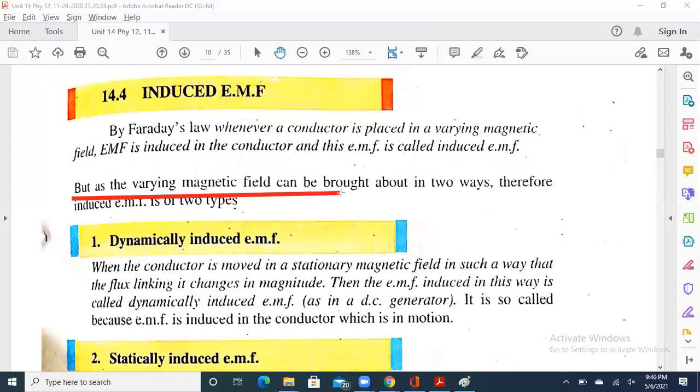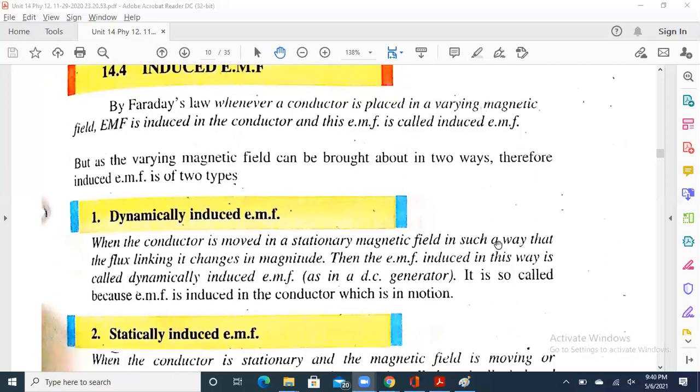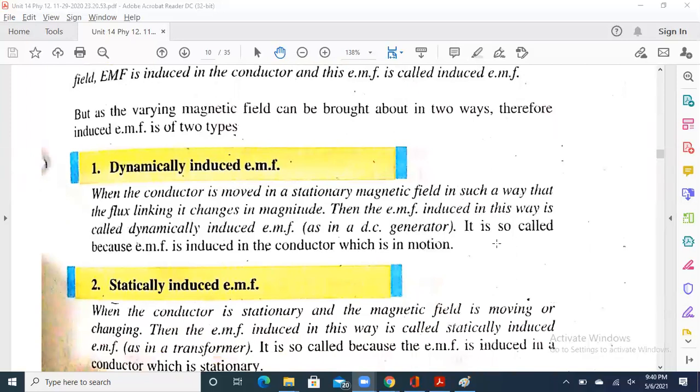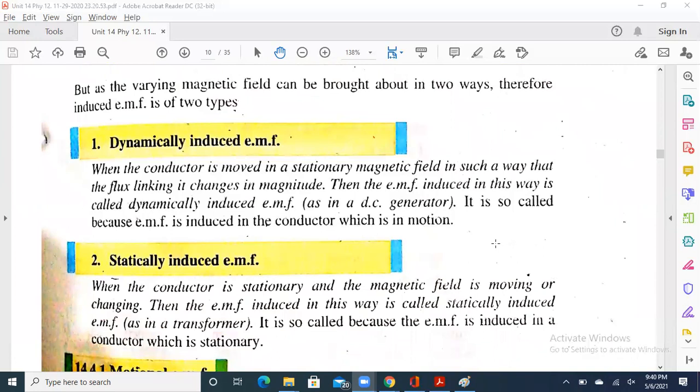But as the varying magnetic field can be brought about in two ways, the induced EMF is of two types. One thing I told you is that we can induce the EMF by the relative motion of the magnetic field and the coil or the circuit which has a coil.